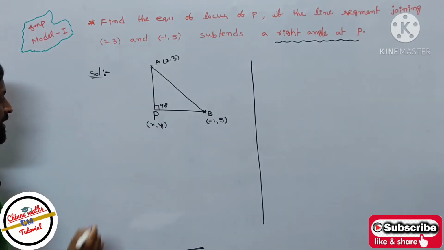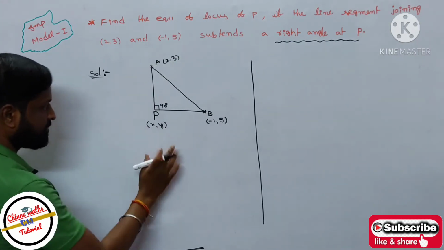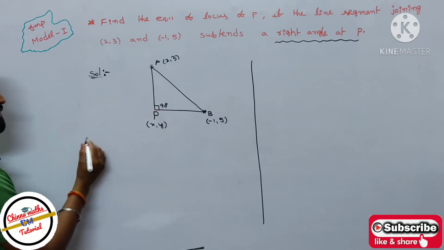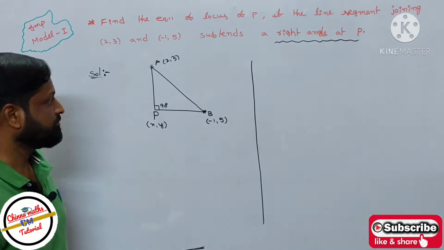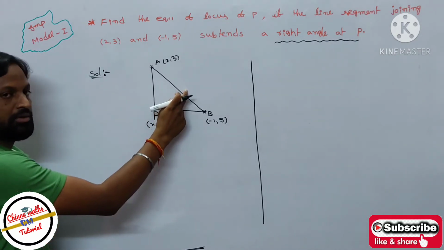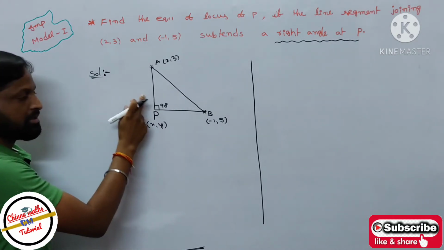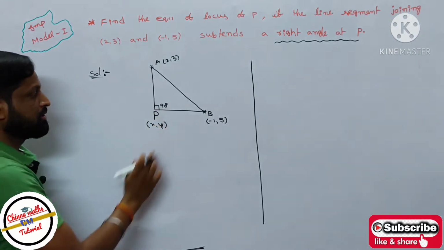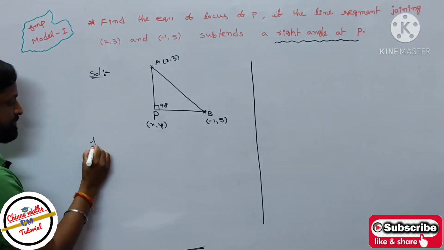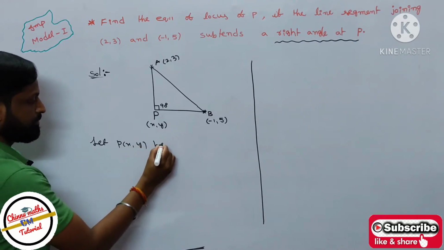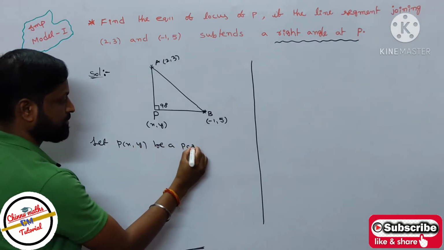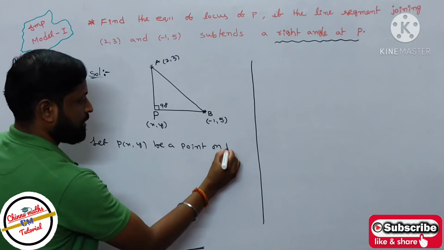According to the right angle triangle, we know the Pythagoras theorem. What is our Pythagoras theorem? Hypotenuse whole square equal to opposite square plus adjacent side whole square. See here, let P(x, y) be a point on the locus.